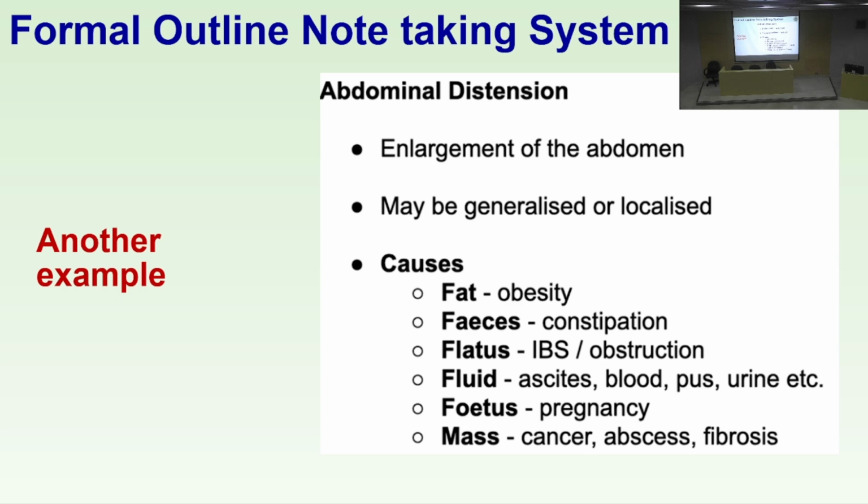This is the vomiting, bullet point for the vomiting. This is the treatment I give, bullet points for the treatment. This is one example. What is distension? Swelling of the abdomen. You see a patient or you read about this in a particular textbook, then you can take notes like this. Under causes, you just put different types of causes.